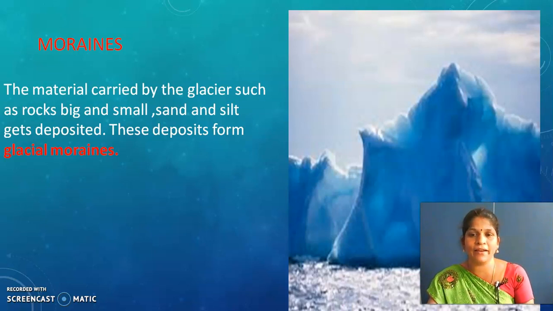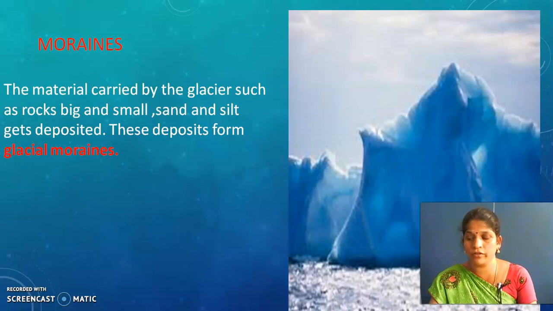The materials carried by the glacier, such as rocks, big and small, sand and silt, get deposited. Whatever the glacier brings, whether a big rock or a small rock, or sand or silt, everything is deposited in a place with the ice. This deposit is called glacial moraines.